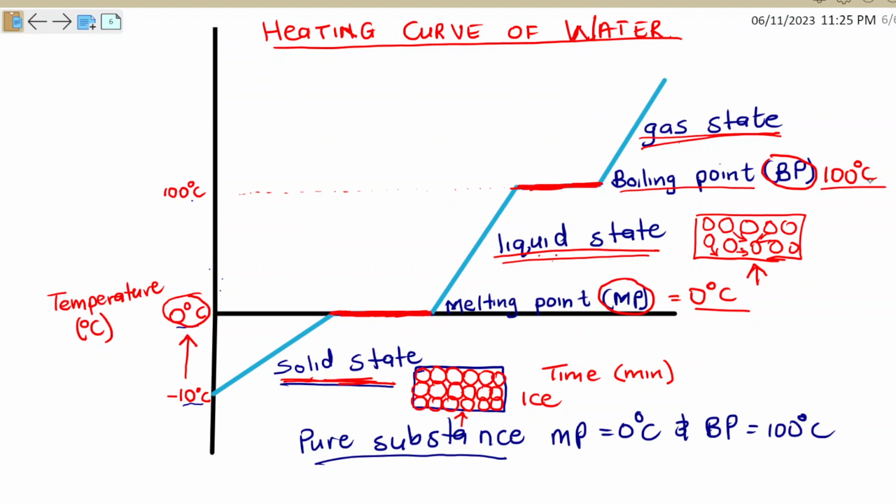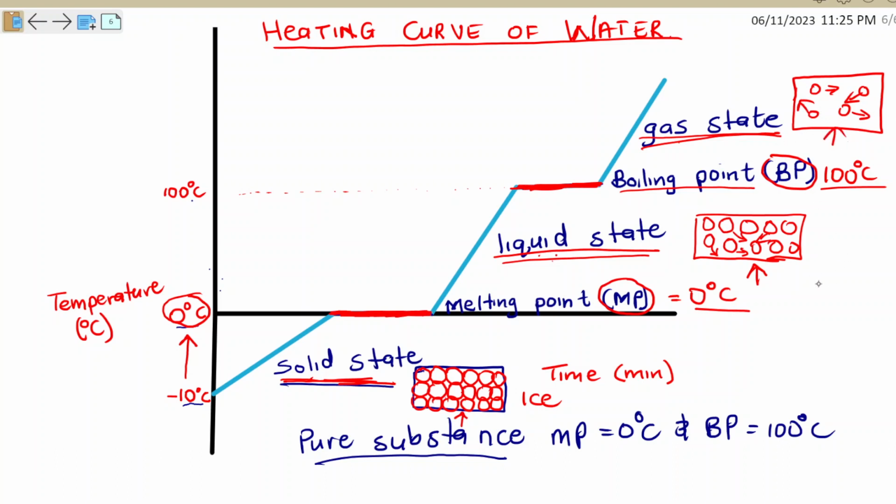That is 100 degrees Celsius for water. So we now have the gaseous phase of water. There is more space for the particles, and the particles have enough space to move around.